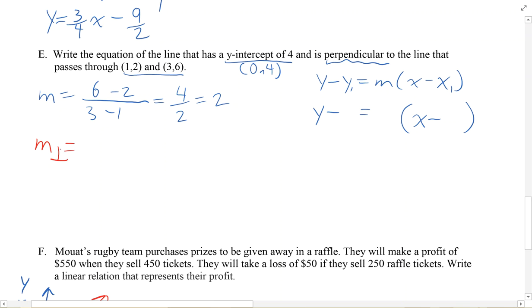So what is that? Something about a negative, but then the reciprocal part. James? Negative 1 over 2. Okay? Or 1 over negative 2, but it's always better to put your negative sign up top. Good. So making your equation, it should be y minus 4 equals negative 1 over 2 times (x minus 0).